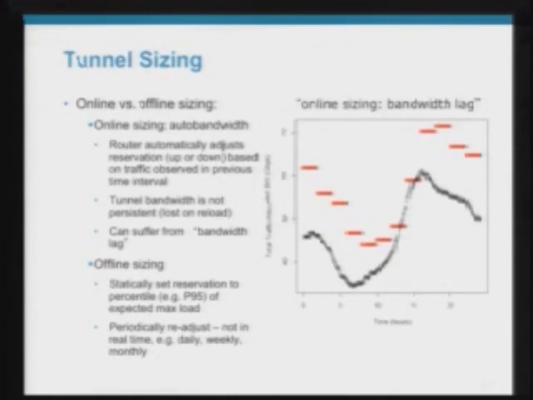Offline sizing seems to be more prevalent, where relatively periodically there's an external procedure that looks at all the data and sees ahead and sets the tunnel based on what is expected to be coming in the next 4 hours or the next 24 hours, and that gives one a lot more stable network, and you bypass the need for having readjustments that take place often and can be running ahead or behind.